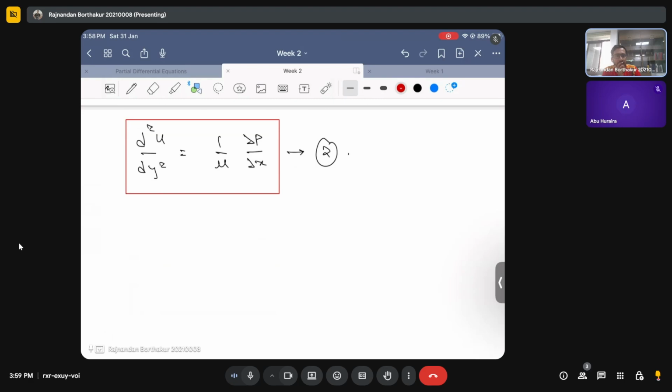Let's see what the Navier-Stokes equation will be in the y direction. Let's see what we get when we invoke all the assumptions in the Navier-Stokes equation in the y direction.